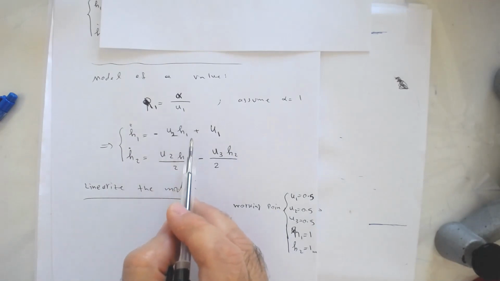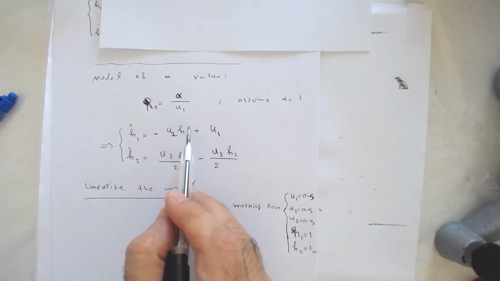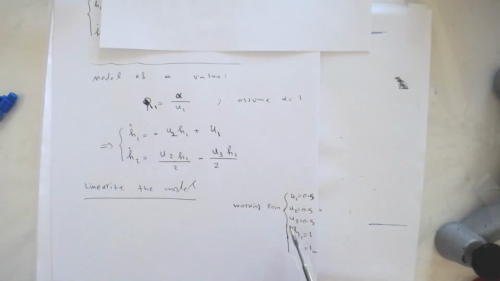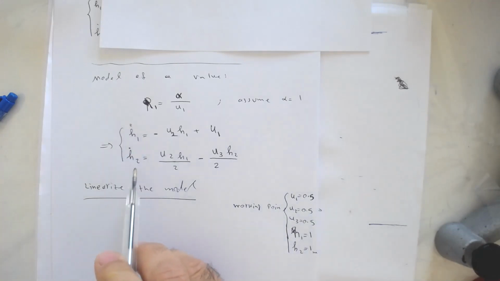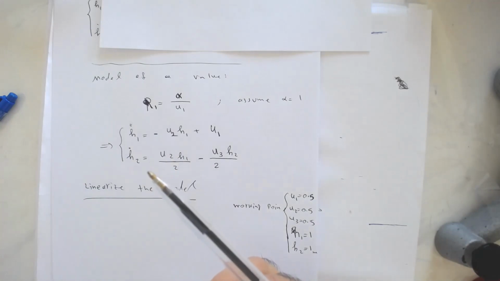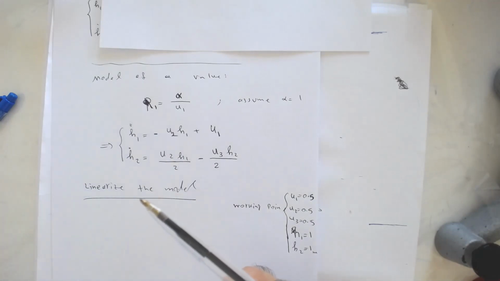H1, we found it already from the first equation. It was 1 meter. Therefore, H2 is 1 meter as well. So this is how I found the equilibrium point. You can assume different values for U1, U2, U3, substitute here, set the left side equal to 0, and find the equilibrium point for the levels.